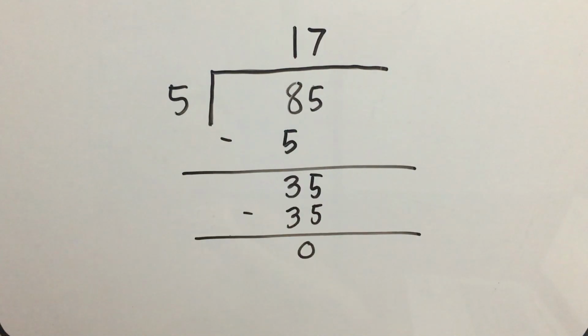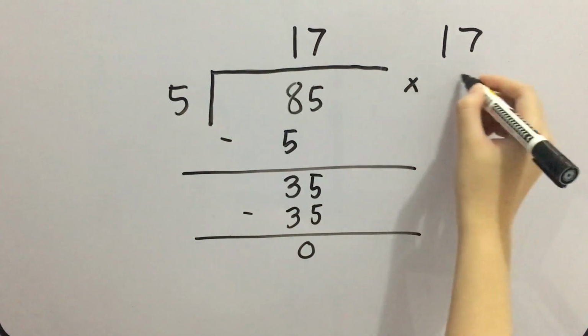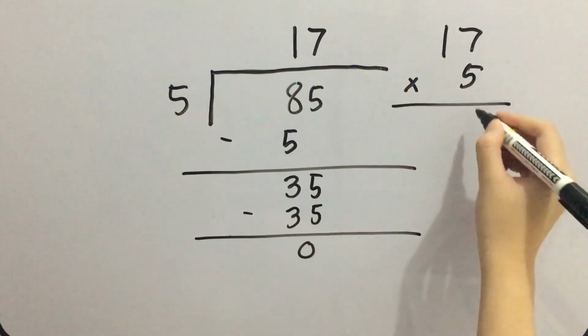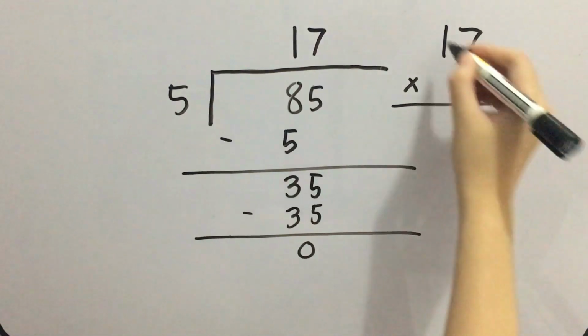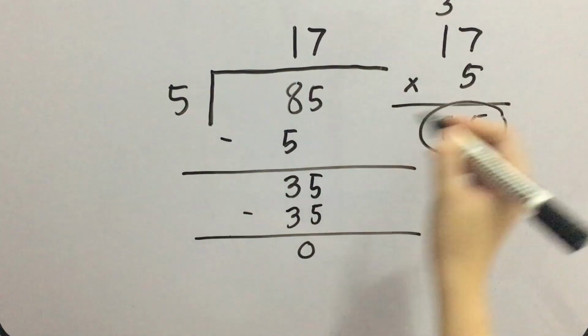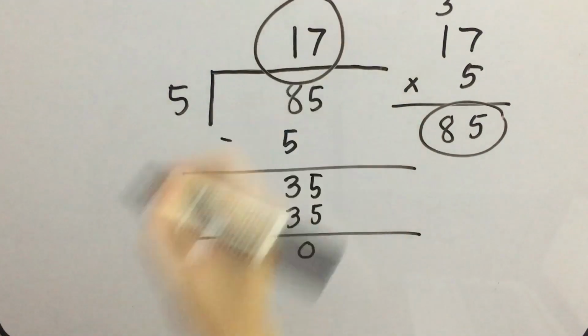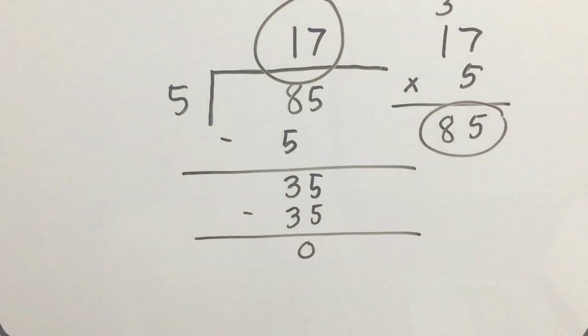Step 5. Check the quotient using multiplication. Now, what's the quotient? All right, it's 17.